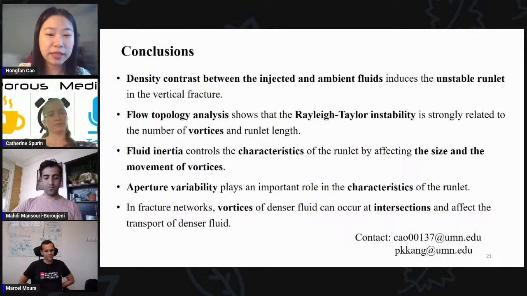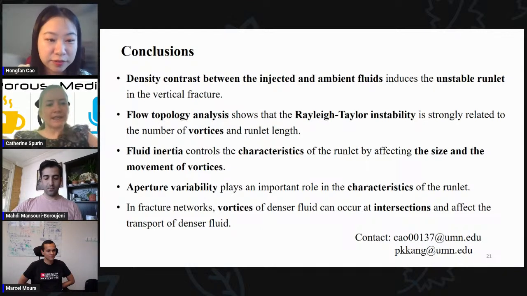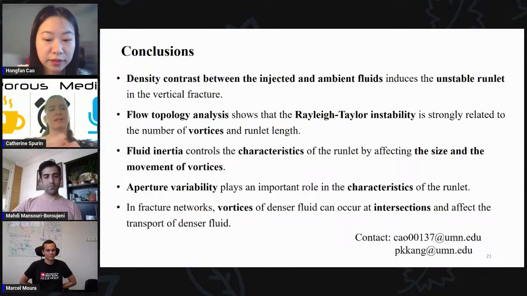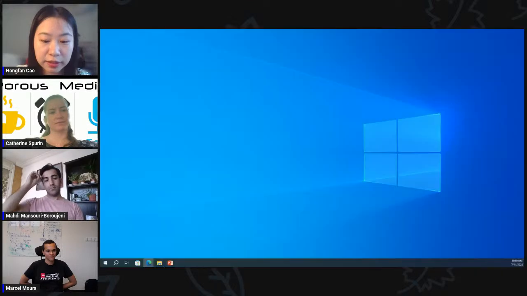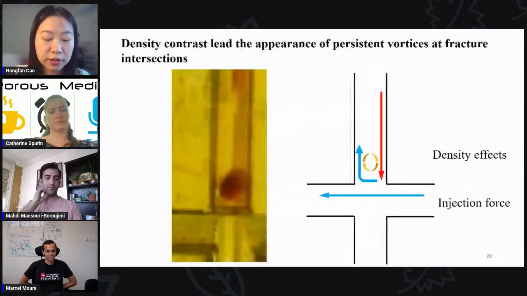Sorry, I cannot hear you very clearly. Can you repeat your question again? I was saying that when you have the two different types of fractures, the time scales, so like short period dynamics or very long dynamics, seem to differ depending on the fracture orientation. Is this something that you've looked into? You mean in the fracture network?